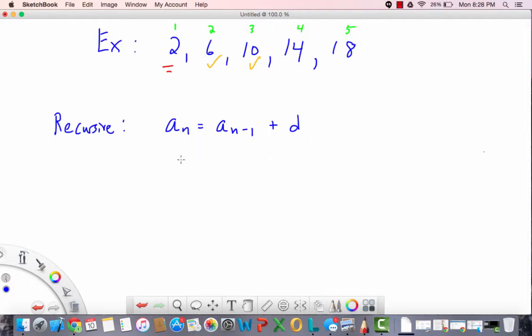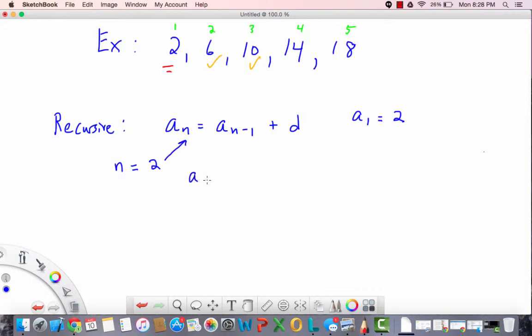How does this work? Well, you can start by setting n equal to 2, for example, and I need to backtrack a little bit. You need to set an initial value. So a sub 1 equals 2 in this example, right? A sub 1 equals 2. Now let's set n equal to 2 and sub that in here.